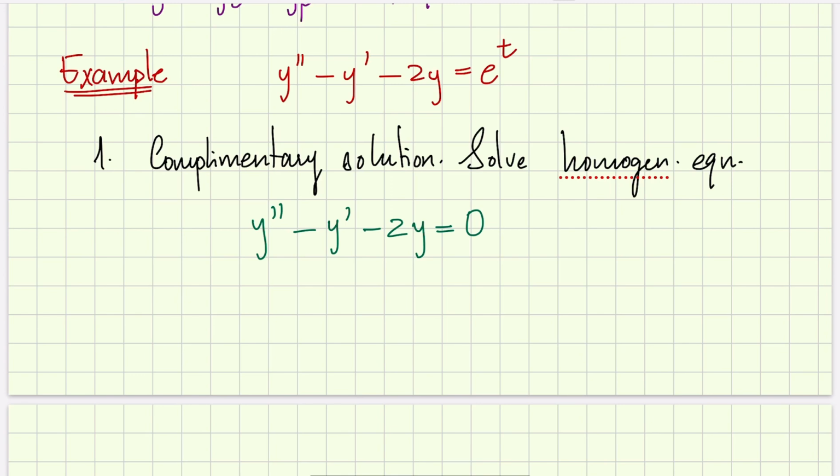Now I'm going to use the characteristic equation, which is r squared minus r minus 2 is equal to 0, which gives me r is equal to 2 and negative 1.